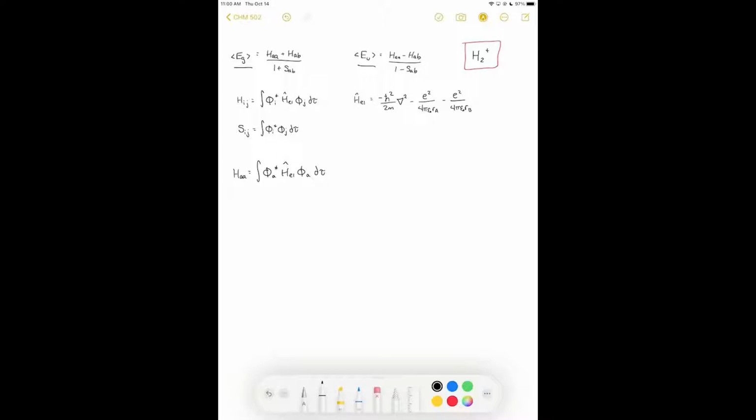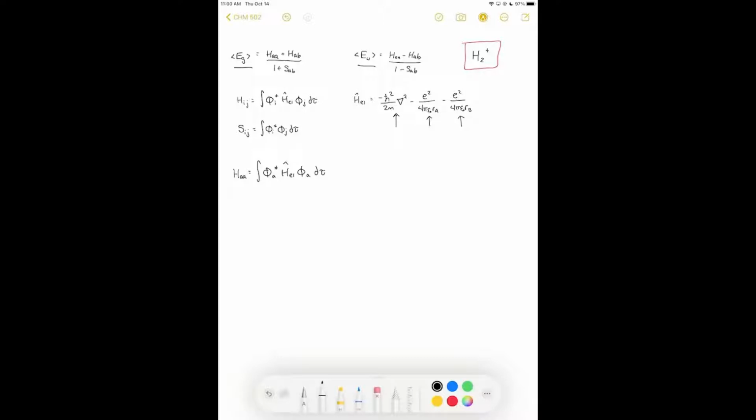Now, our total energy operator is shown here because the molecule we're considering is H2 plus. So H2 plus has a single electron, and then it has two nuclei, and the total energy for the electron is the kinetic energy of the electron, which is shown here, and then the potential energy for the electron with nucleus A, and the potential energy for the electron with nucleus B.